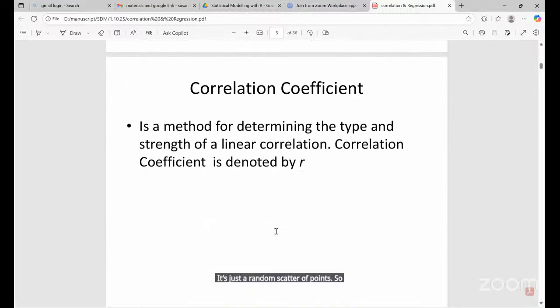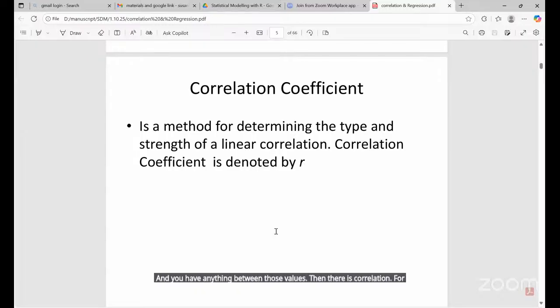So the correlation coefficient, denoted as small r, helps us to determine the strength, that is the magnitude of the relationship, and the direction. So if you have r, as we've said, it ranges from -1 to +1, and you have anything between those values, then there is correlation.